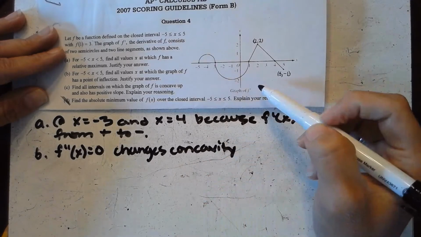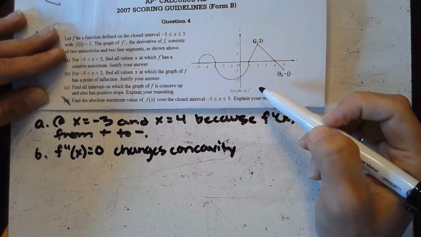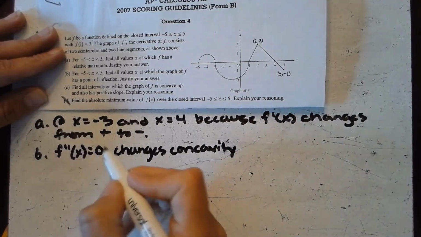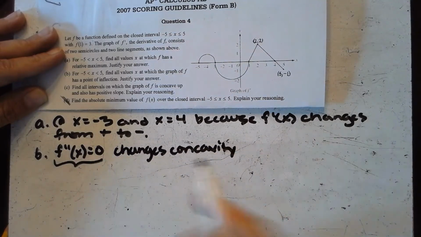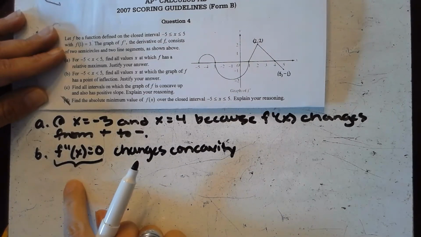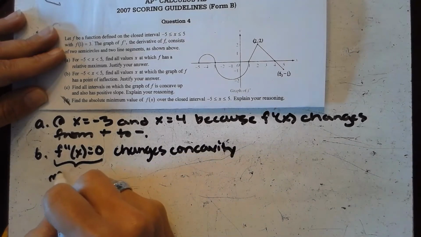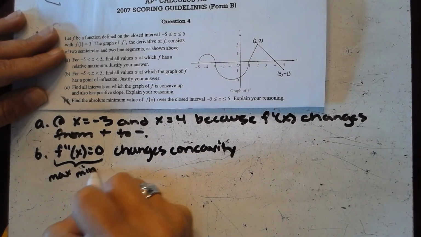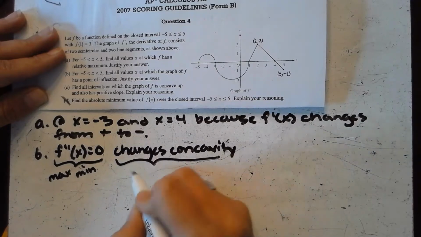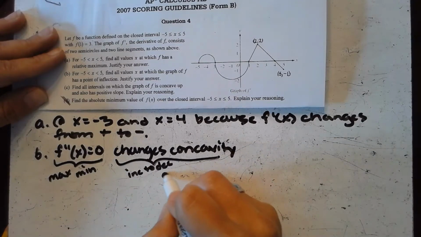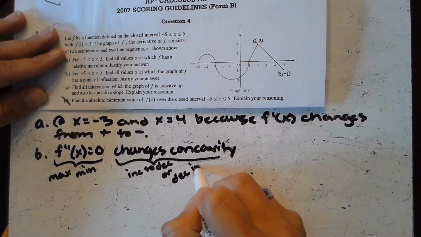The first derivative, not the second derivative. Okay, so when is f double prime of x equals 0? Well, this is going to look like a max or a min. All right, and changes concavity. So this is going to look like a max or a min on the graph.